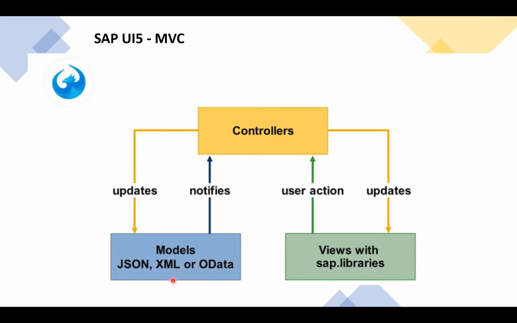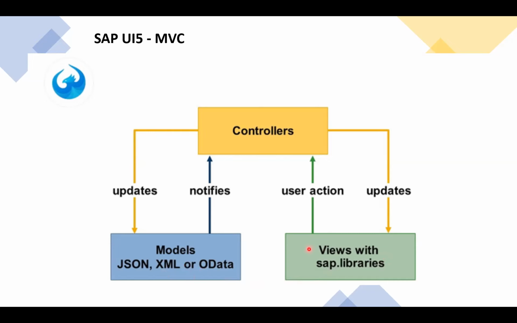But with the OData model, only the data vanishes; the OData still exists in our backend on the server. If there is any change in the data, it notifies the controller, and the controller will update the information to the view.